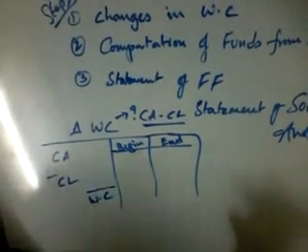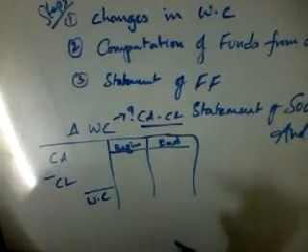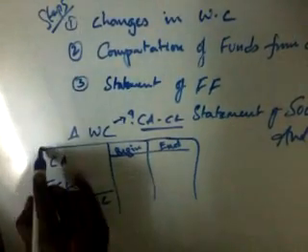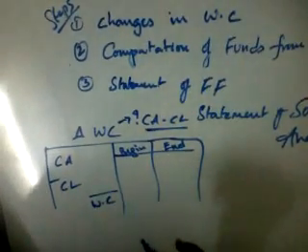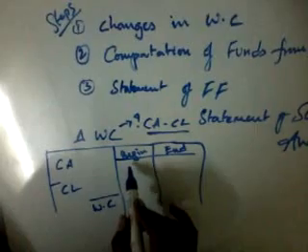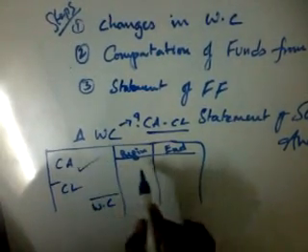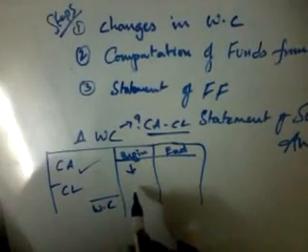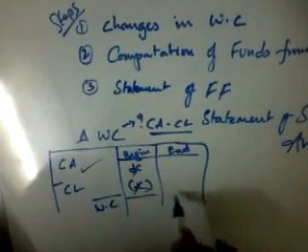We will consider this statement to get the changes in working capital done in an easy manner. First, just record whatever items are given in the balance sheet for current assets here, and next current liabilities here, and just substitute.